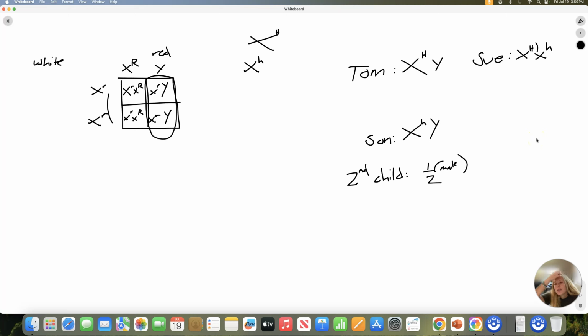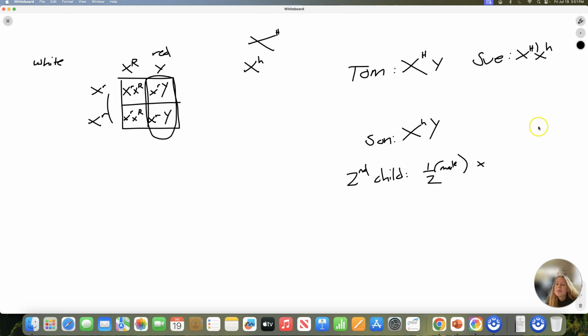We then need to figure out the chance of Sue passing on her deleterious lowercase h hemophilia allele. We're going to multiply that using the rule of multiplication, which we talked about in the second to last video in genetics. The rule of multiplication is just to determine the probability of an event occurring that can happen in two different ways.